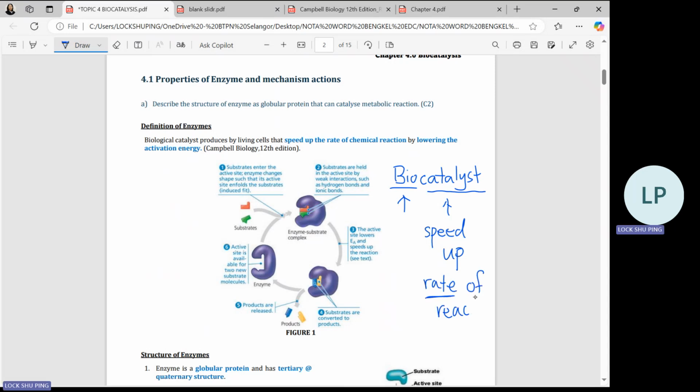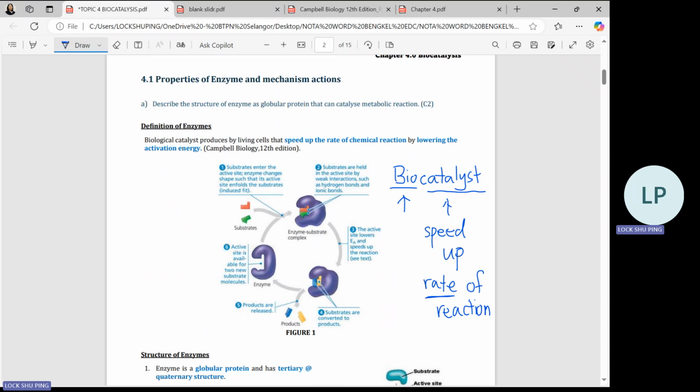So if we are using a chemical substance, then this is referred to as a normal catalyst. If we are using a protein, then the biocatalyst is an enzyme. So enzymes, more specifically, speed up the rate of biological reaction.